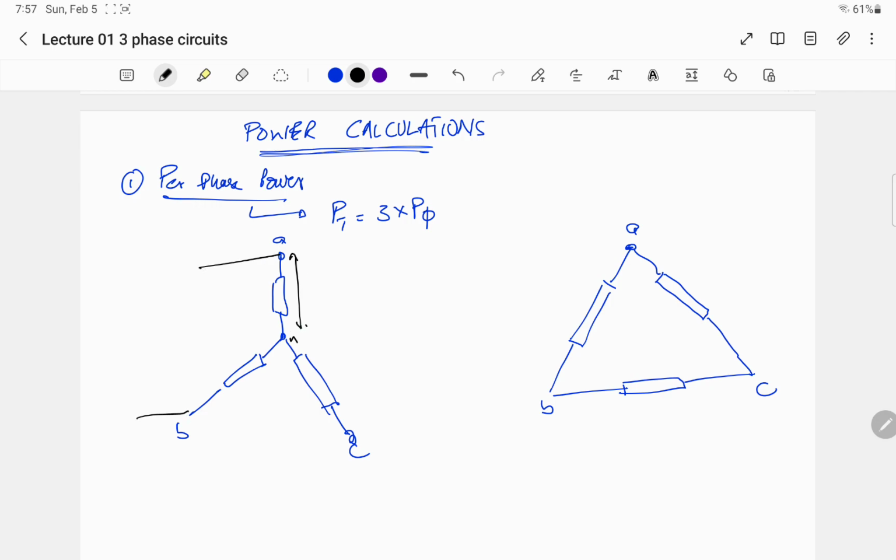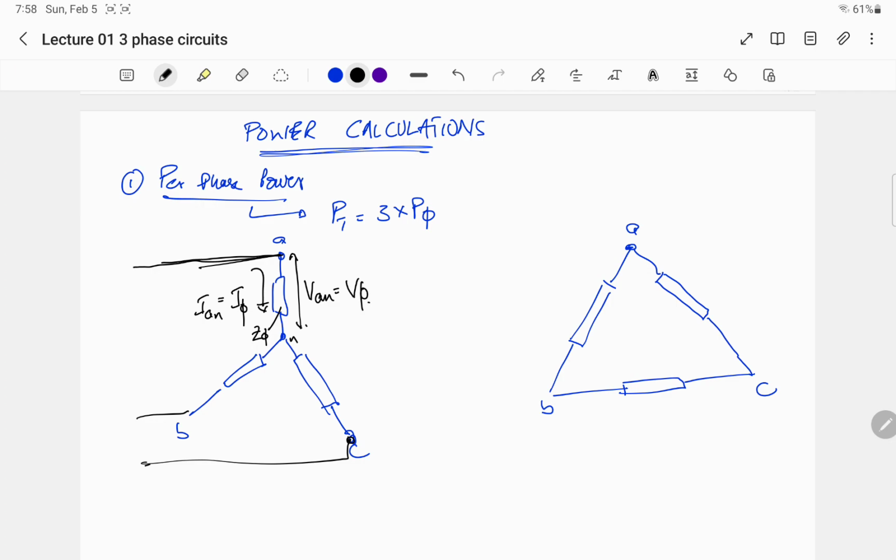Okay, we consider this to be the 3 lines. So this VAN is actually V phase, and the current through this is I phase equals to IAN, and impedance of this is Z phase.